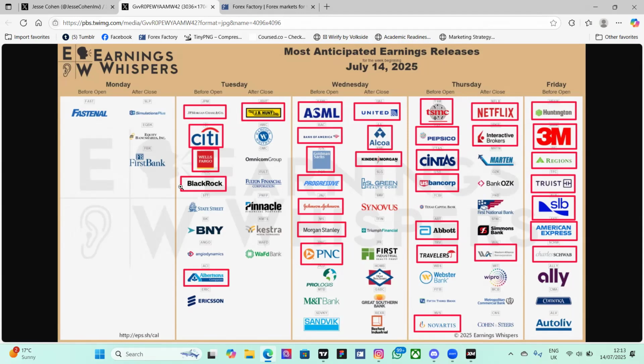Companies like Wells Fargo, Citibank, BlackRock are releasing their earnings as well. Morgan Stanley's on Wednesday. Bank of America is also on Wednesday. PepsiCo, there's quite a lot of companies being released on Thursday as well. And then on Friday we have 3M and American Express, which is really big. So this week is going to be a very big week in terms of earnings releasing.